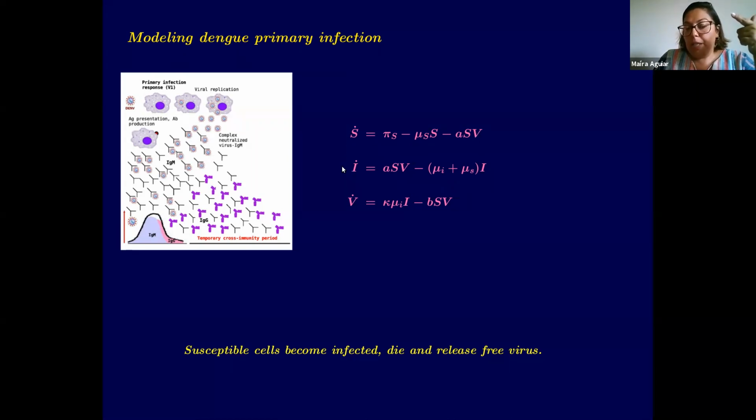They become then infected cells with the same rate A as B. And these cells have not only the natural death rate, but also the death by infection, because after they infect, the virus starts to replicate and they explode, releasing more virus with this factor kappa here. So we assume that a certain amount of virus goes out of the cell after the cell is dead, and this virus would decrease with a reduction rate B when infecting new cells again.